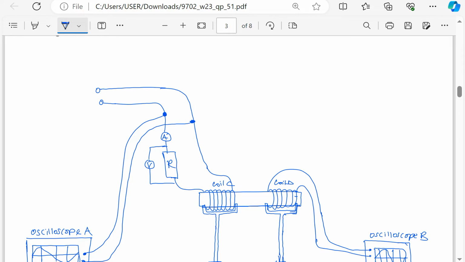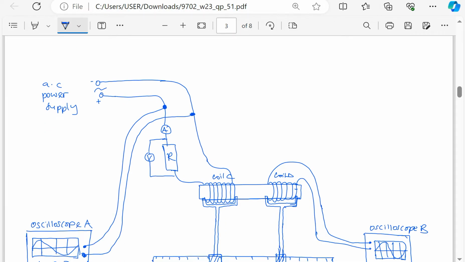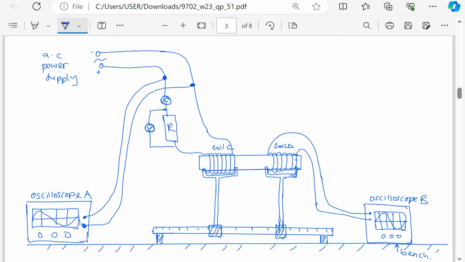So here I have an AC supply, which is represented like this. If you are not sure if that is the symbol for AC, then you can say AC power supply. You can't use DC here. So most likely this is going to be an AC ammeter, and this is also going to be an AC voltmeter in most cases, because the supply is alternating.